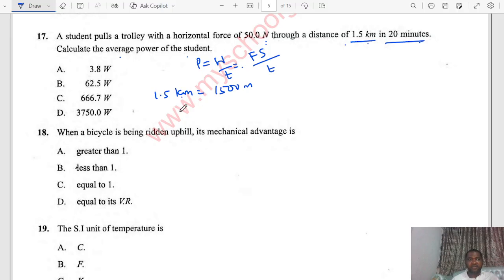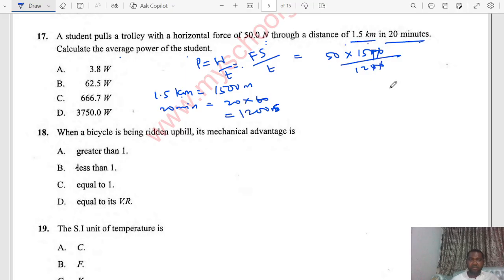Then 20 minutes, to convert it, means 20 times 60. So that would be 1,200 seconds. So using this formula now, the force is 50, the horizontal force, the distance is 1,500, divided by 1,200.